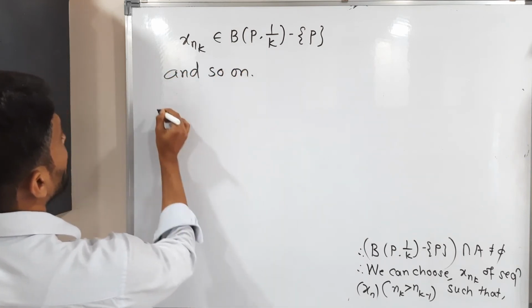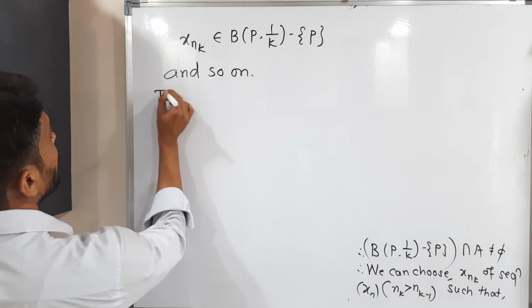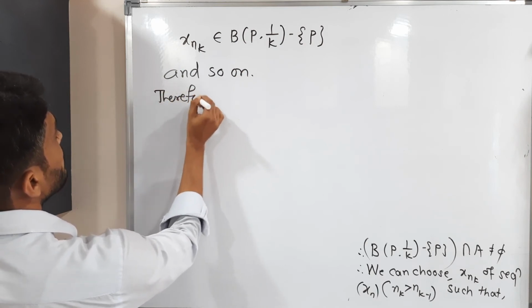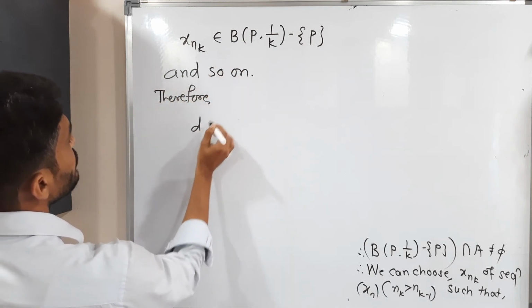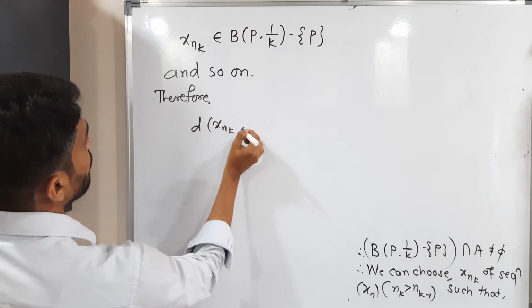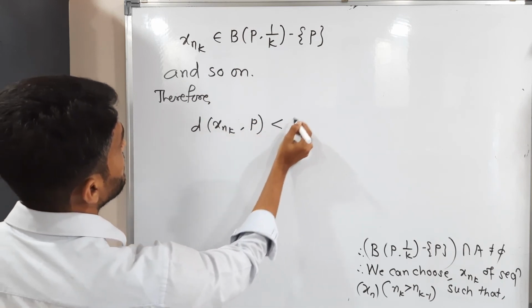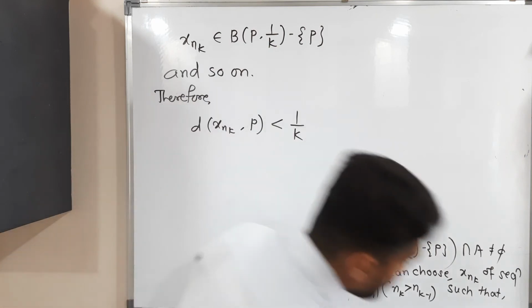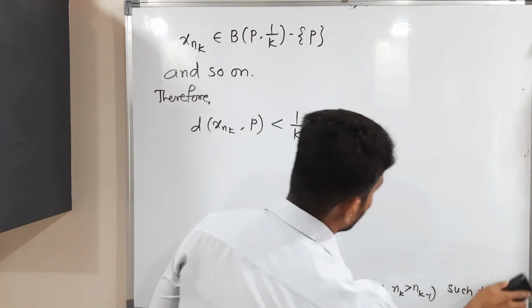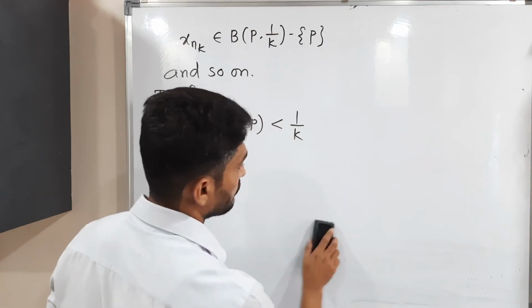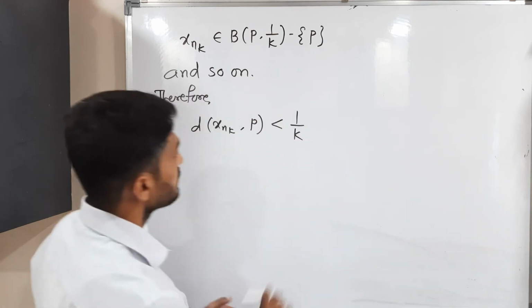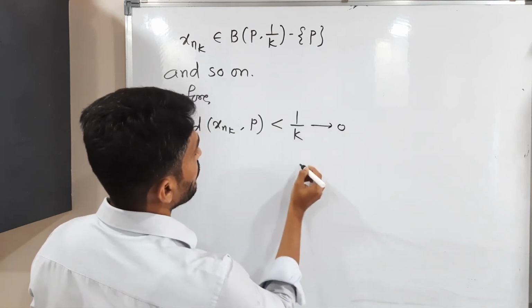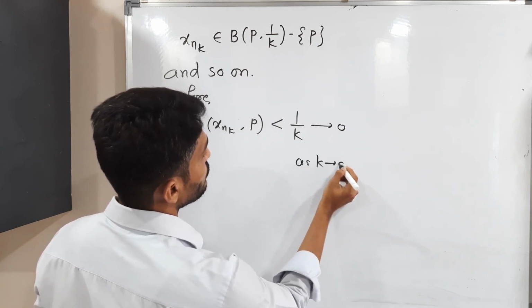Therefore, see, this point lies in a ball, so the distance of that point xnk from the center of the ball is less than its radius 1 by k, okay? See, but 1 by k tends to 0 as k tends to infinity.